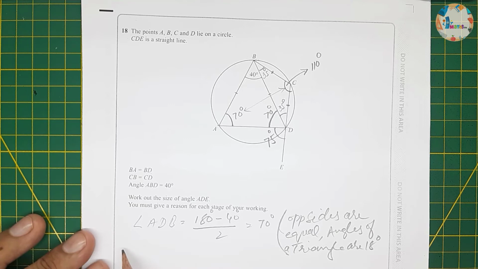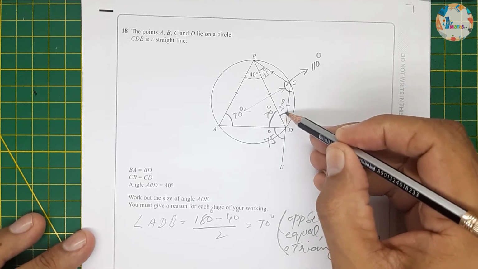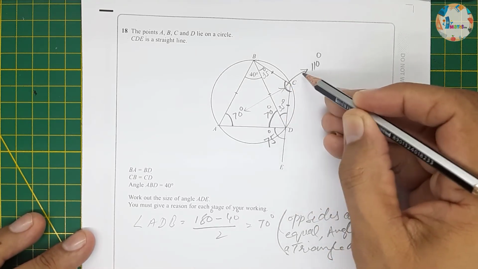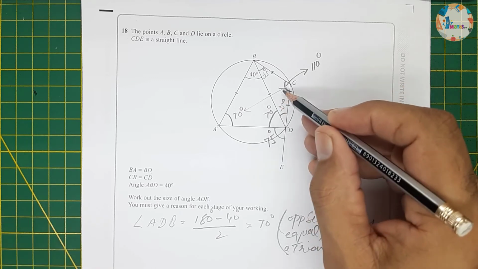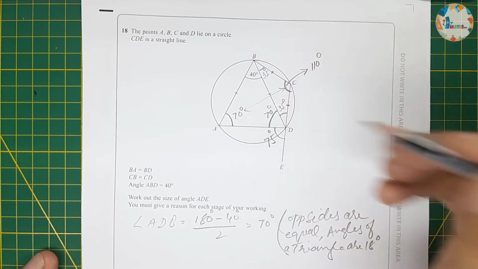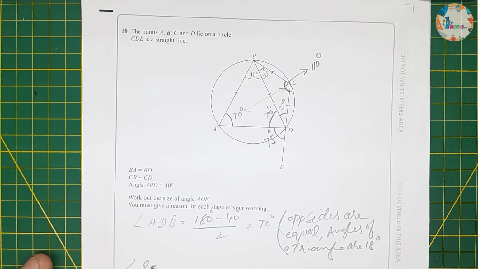Then we can write angle BCD is equal to 110, or we can write 180 degrees minus 70 degrees, which is equal to 110 degrees.